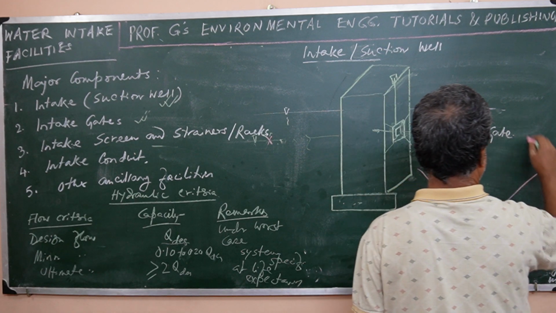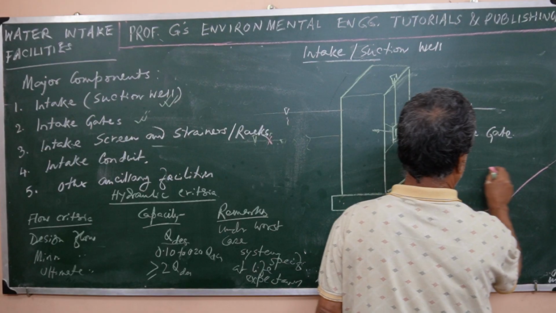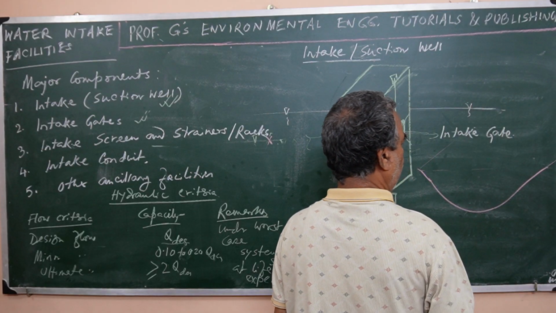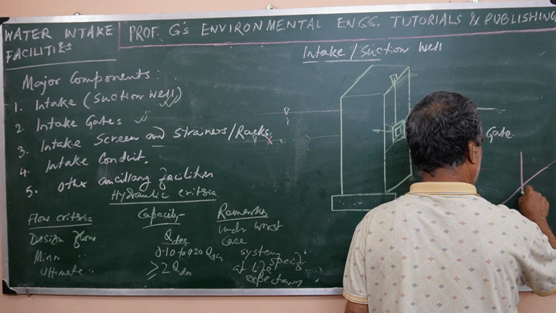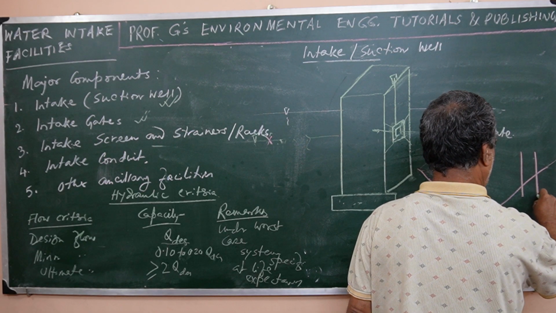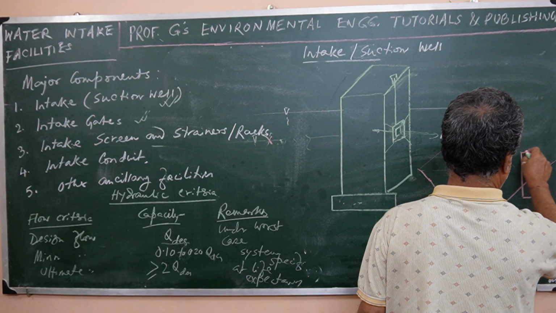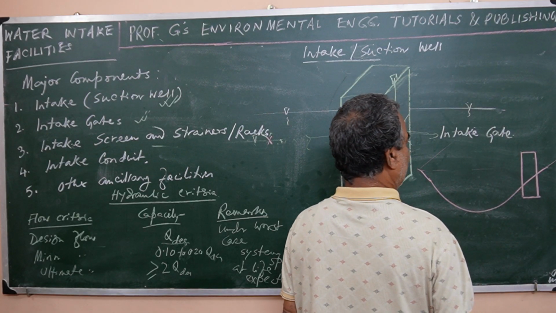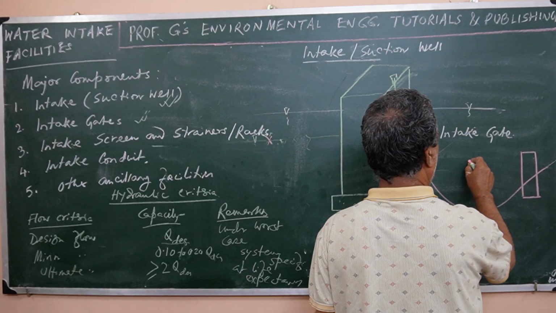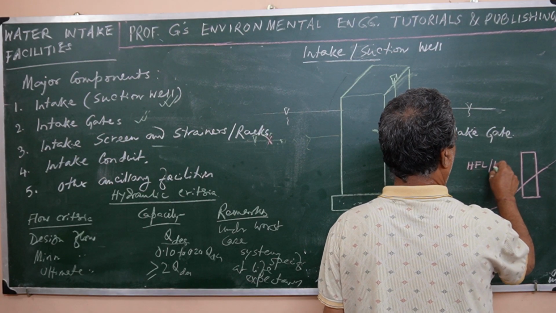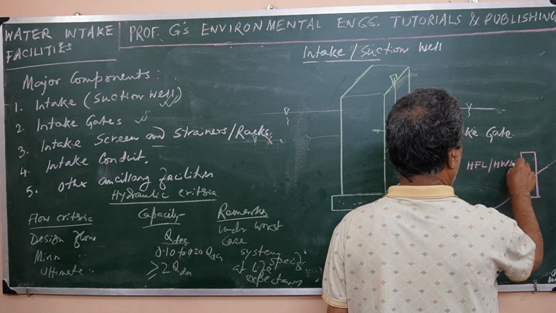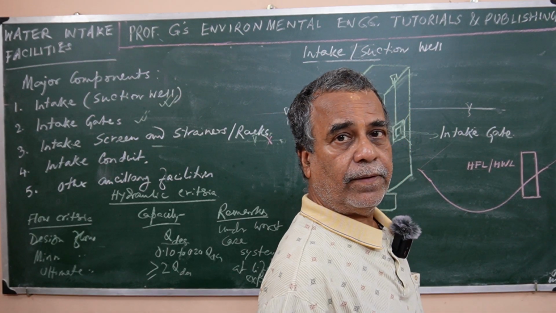That means the river is this way, okay? This is the river suppose. So when we build an intake structure here, right? As you understand, suppose this is the highest flood level or highest water level, okay?